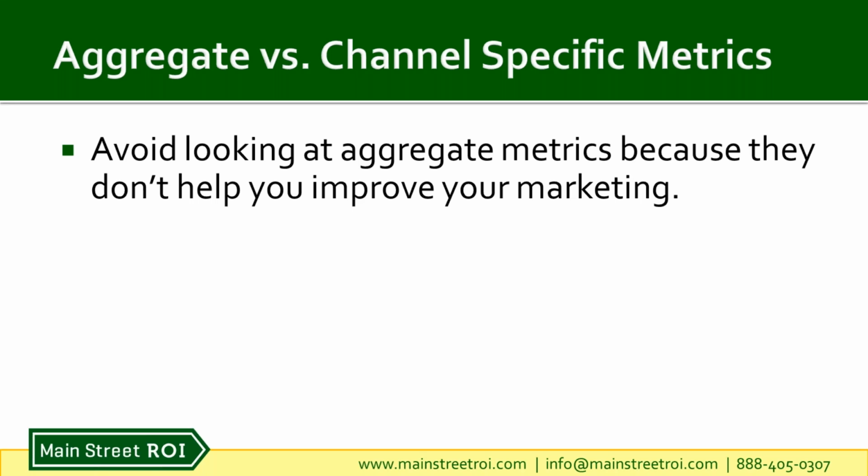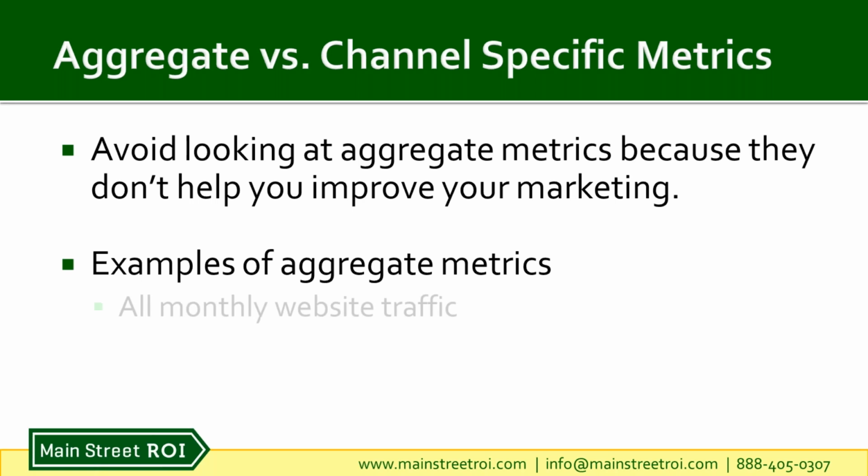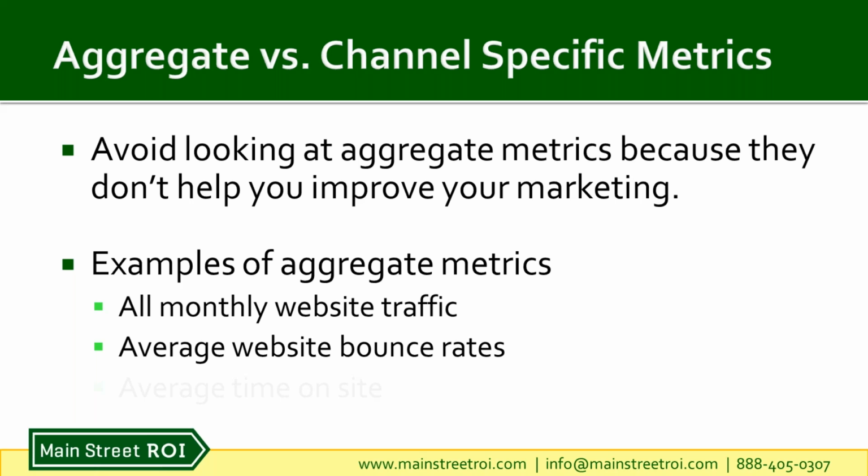And that's across all of your marketing channels, across everything that you're doing, and that data doesn't really tell you anything. So examples: all monthly website traffic, average website bounce rates, average time on site. So again, that's across all of the different traffic sources.